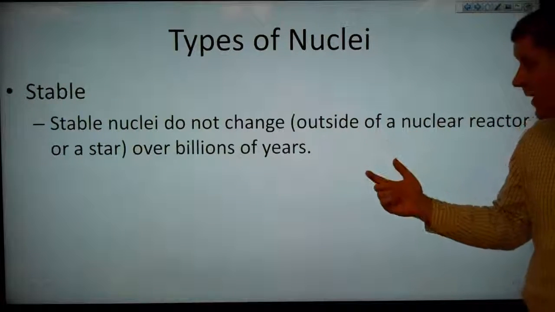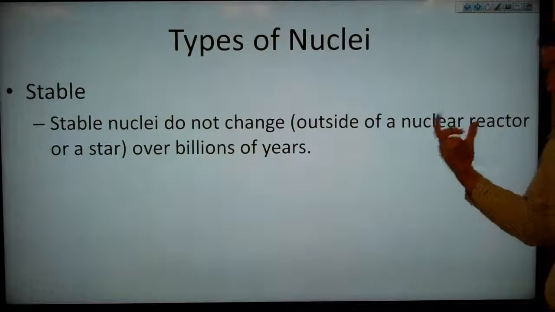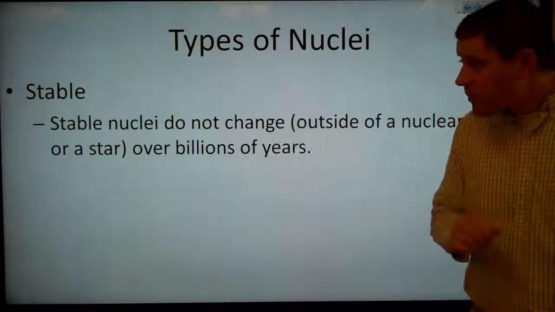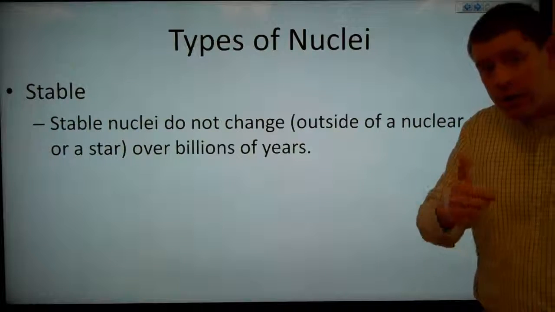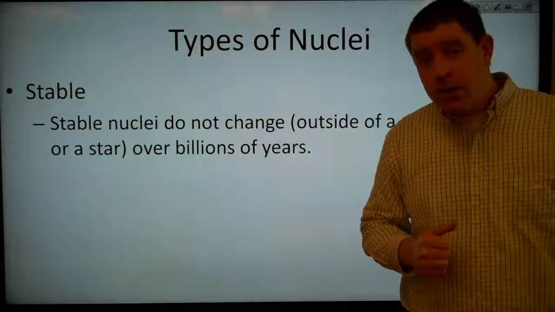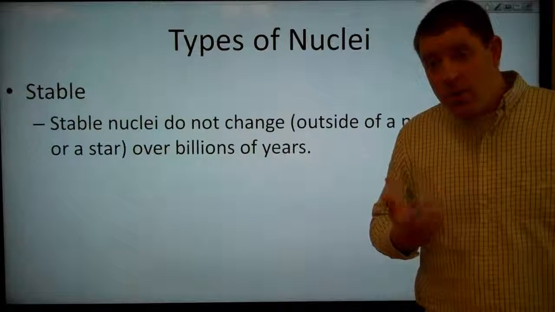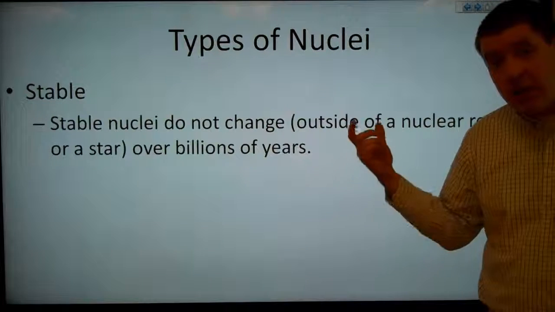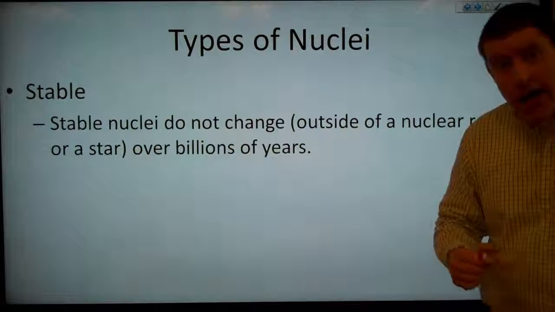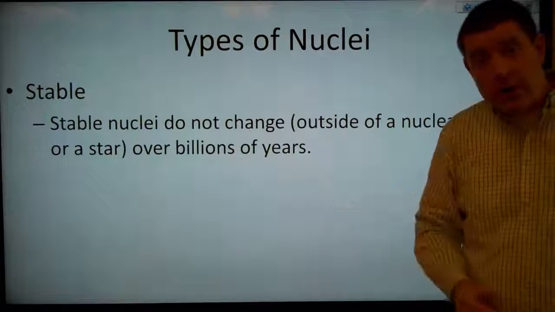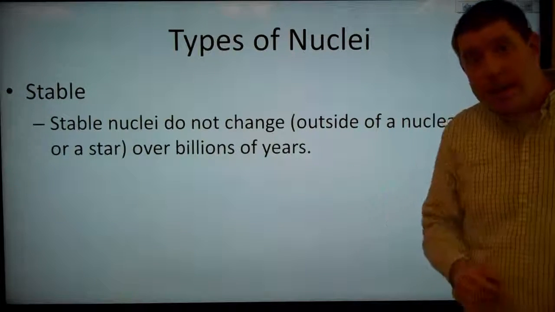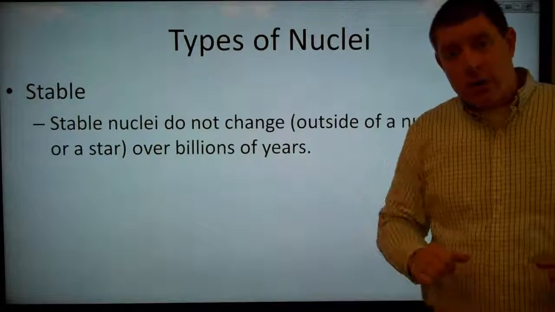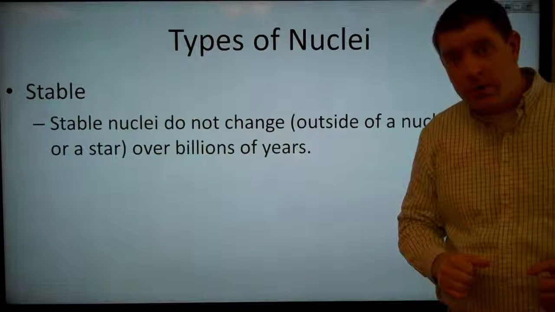Stable nuclei do not change outside of a nuclear reactor or a star over billions and billions of years, which means that if you're looking at a stable nucleus that is on Earth, like in the oxygen that you're breathing right now, those oxygen atoms have been around, those nuclei have been around for billions of years, basically since the Earth formed, and in fact before the Earth formed they were floating out in space somewhere, and before that they were made in the heart of a star, and that subsequently exploded and spewed its guts out into the universe.